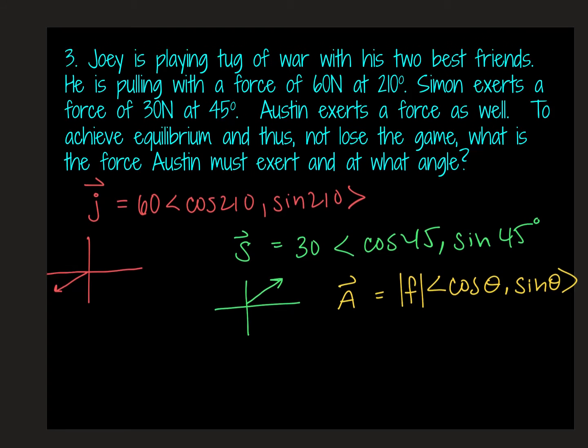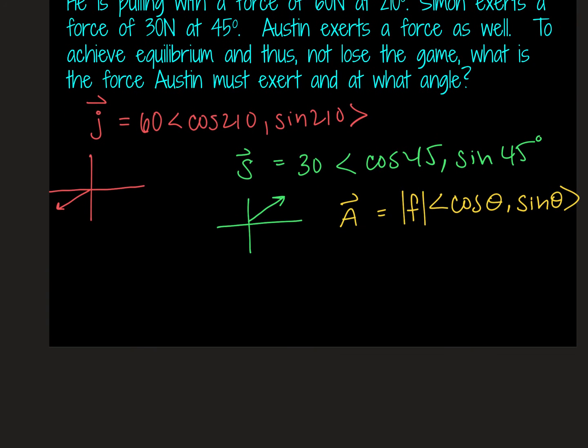So I know that I want them to be at equilibrium, so that means that my Joey vector plus my Simon vector plus my Austin vector, I need all of those to add to 0 horizontal force and 0 vertical force.